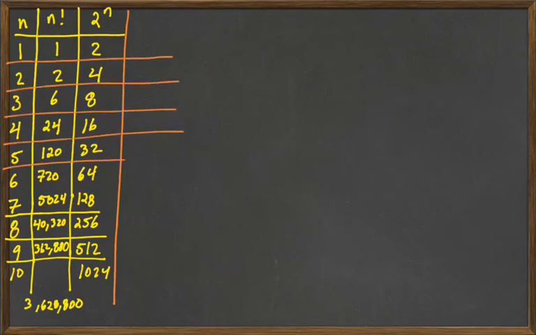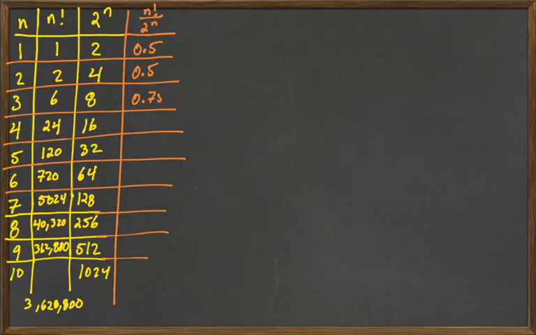And so what we're going to do is we're going to use this because the series we're going to consider is the sum n equals 1 to infinity of n factorial over 2 to the n. And so we have our table set up here, and we can go ahead and find these quotients quite easily. So it's going to be 0.5 and 0.5 and 0.75, so relatively stable so far.